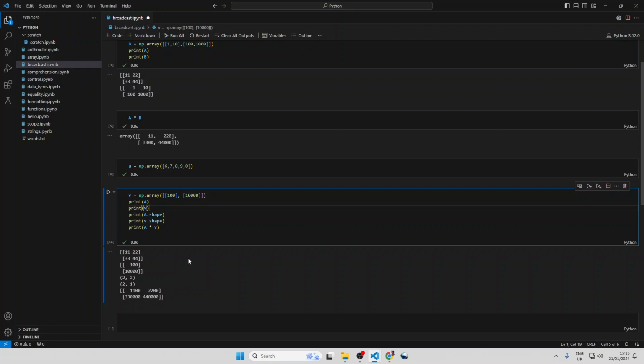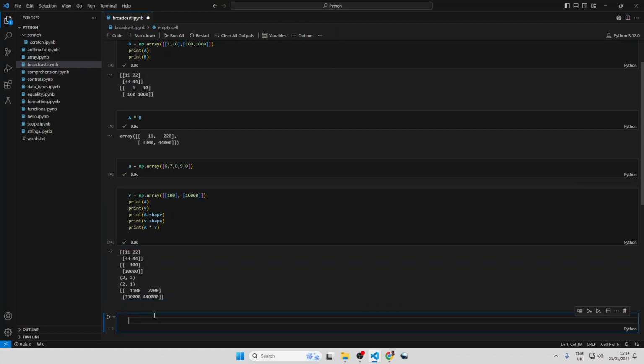What Python does in this case is broadcast it because it's a column vector. The obvious way to copy it to match the shape of A is to have two columns, each equal to 100 and 1,000. And when you do that multiplication, you get this business like so.